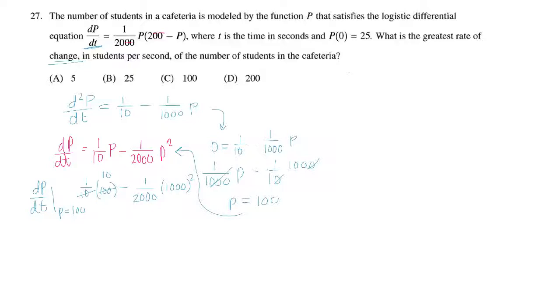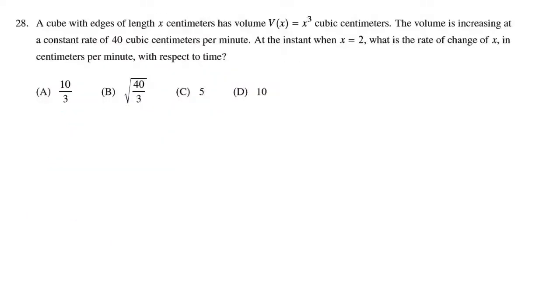So I have 10 minus 100 times 100, all over 2,000. So that looks like that's going to give me 5. Well, that worked out very nicely. So 10 minus 5 is 5. So answer choice A.